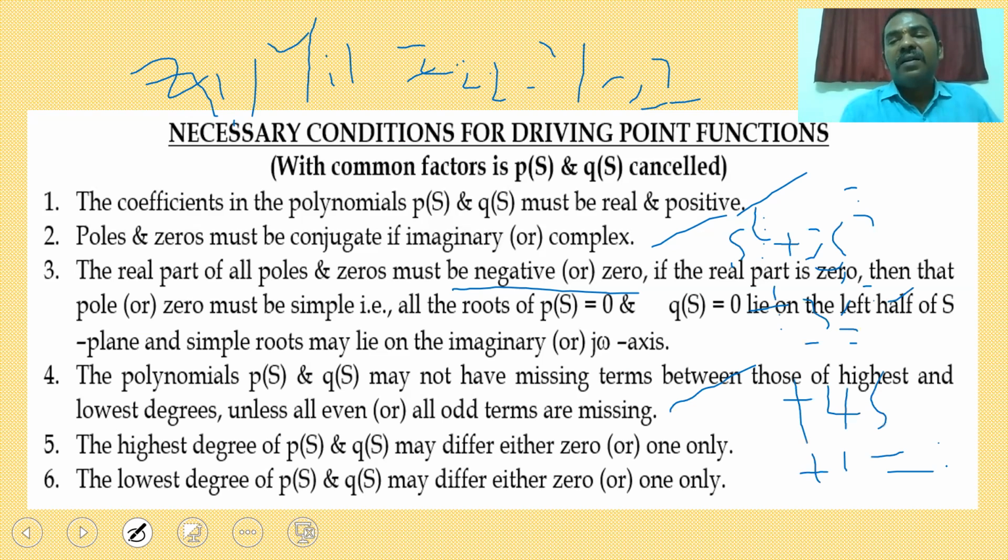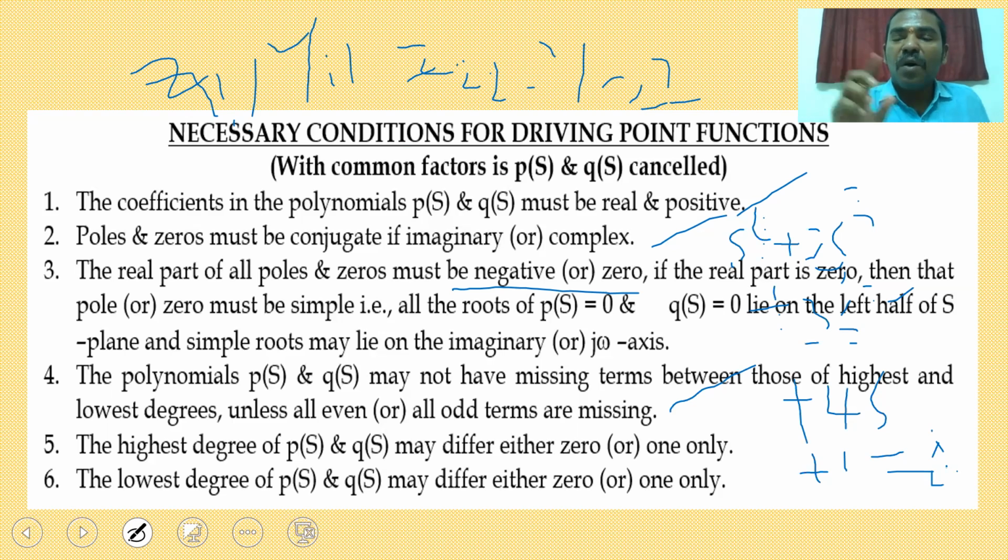Here s power 4 is there, s power 3 is there, s power 2 is there, s power 1 is there, s power 0 is there. So no polynomial powers are missing. Then it is applicable for the necessary condition. If any one term is missing, then it is not applicable for the necessary condition.